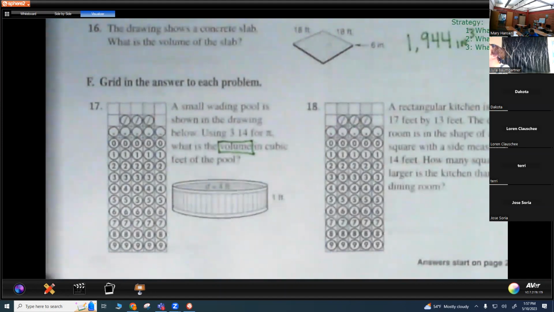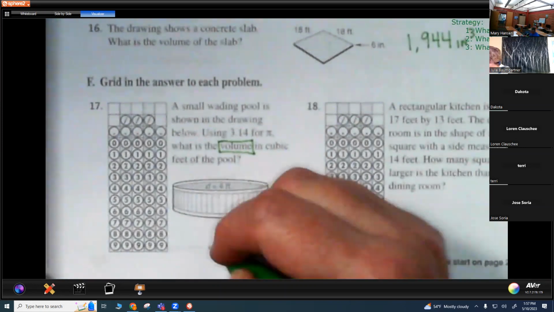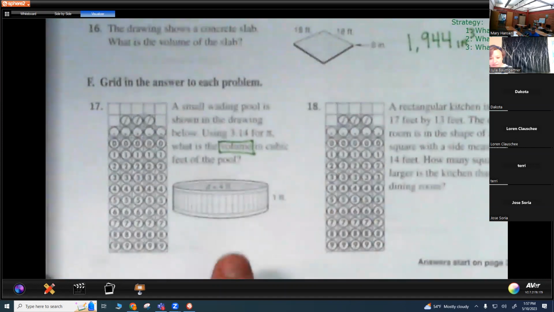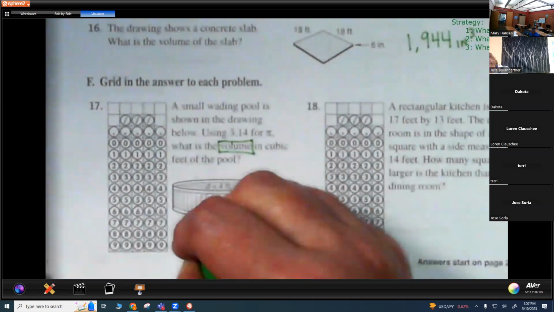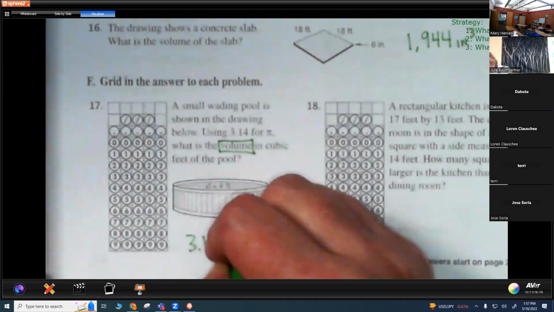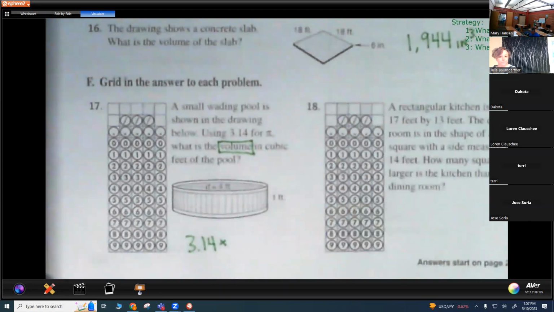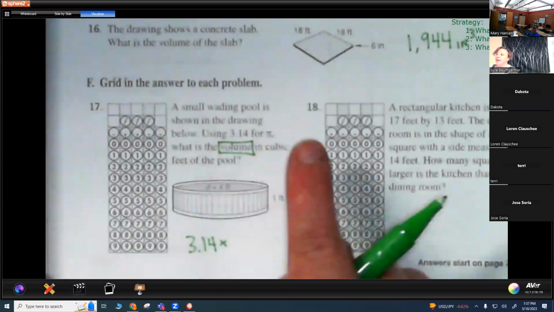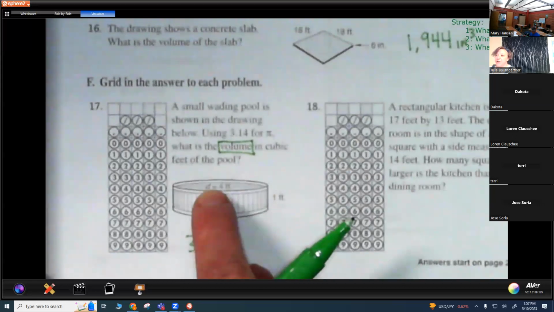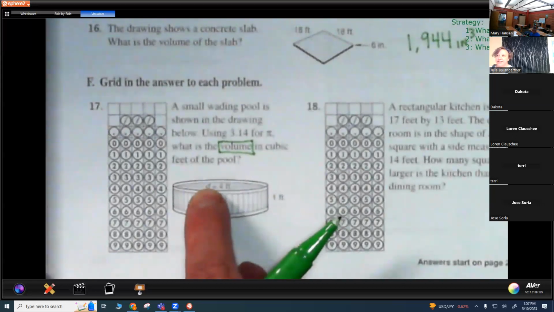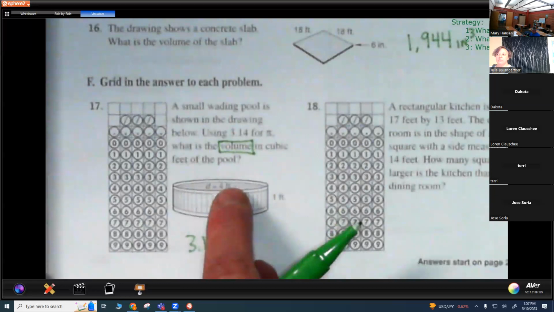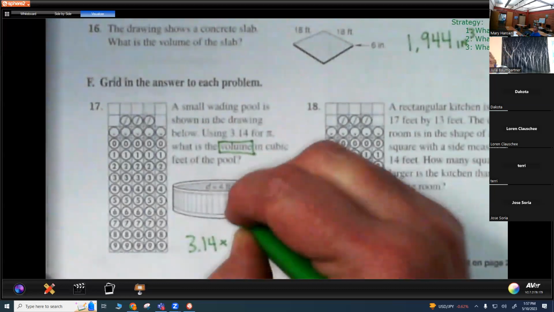So our formula, right? Pi times the radius squared times the height. So it tells us to use 3.14 for pi. What's the radius? 2. And like we've been talking a lot about, if they give you the d, the diameter, just cut it in half. That gives you your r or your radius.